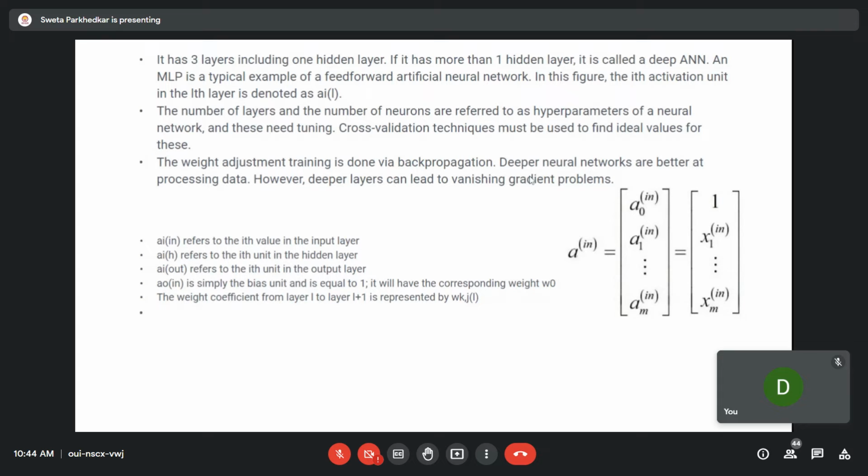Deeper means what? The number of hidden layers you need to increase. And if you increase the number of hidden layers, the data processing will be better. And अगर आप deep neural network बनाते हो, the complexity increase will be more.